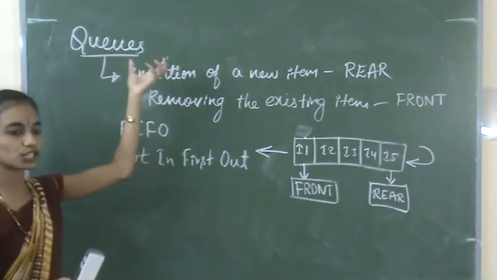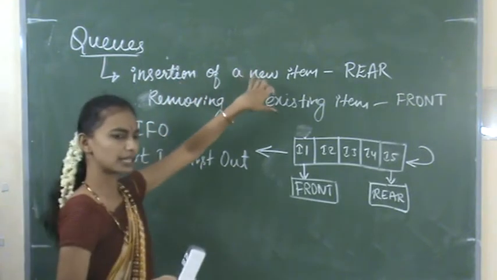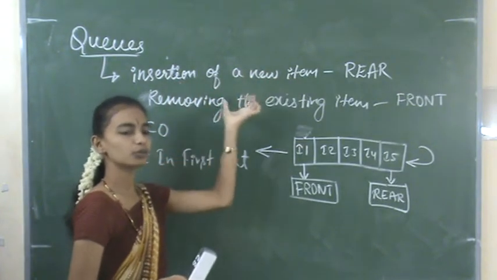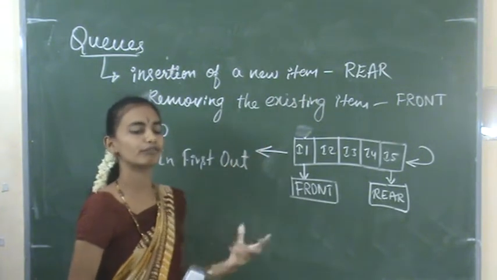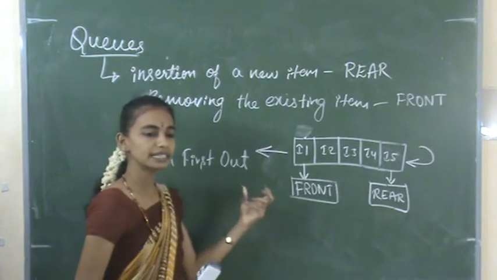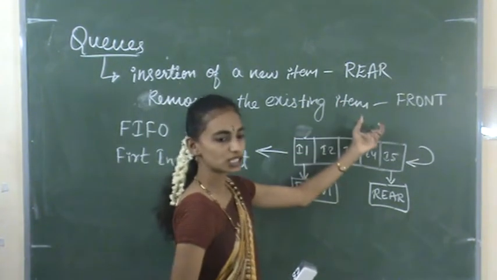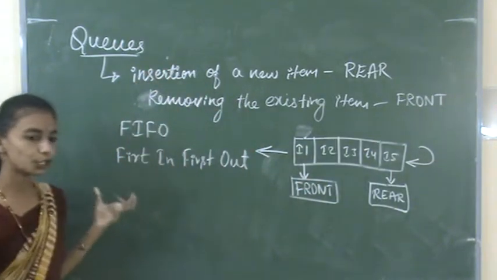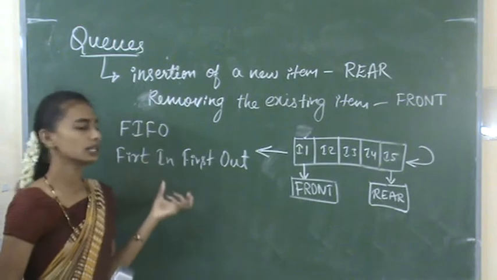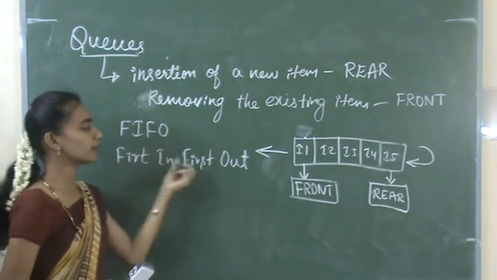So a queue is a collection of data items in which inserting a new element and removing an existing element takes place at different ends. The insertion end is the rear end, and the deletion end is the front end. This queue has the FIFO property, first in, first out.